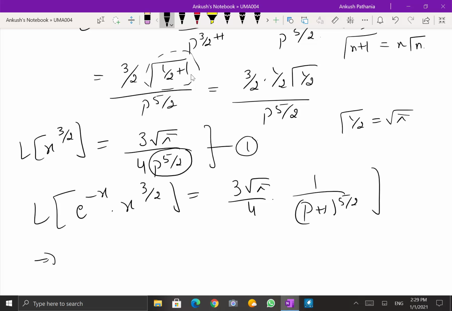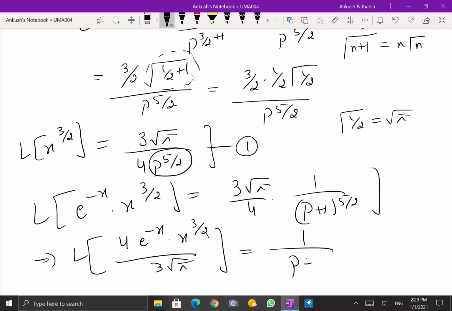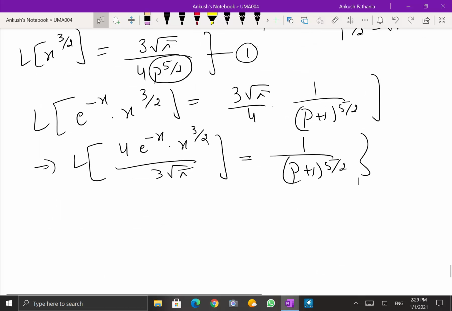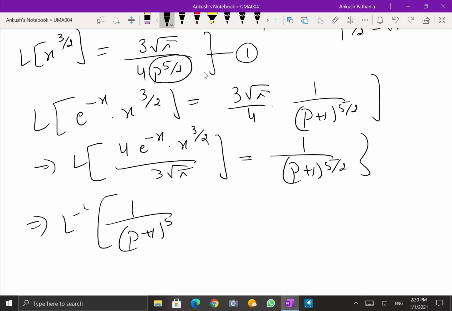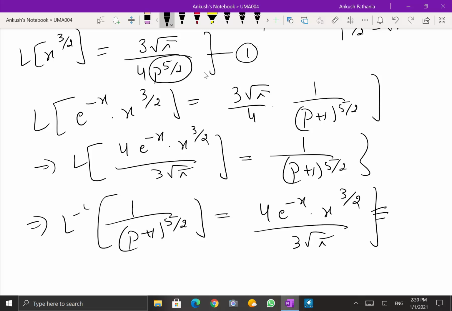So adjusting the constant, you have 4 e raised to minus x, x raised to 3 by 2, upon 3 root pi, equals 1 upon (p plus 1) raised to 5 by 2. This implies the Laplace inverse of 1 upon (p plus 1) raised to 5 by 2 is 4 e raised to minus x, x raised to 3 by 2, upon 3 root pi.